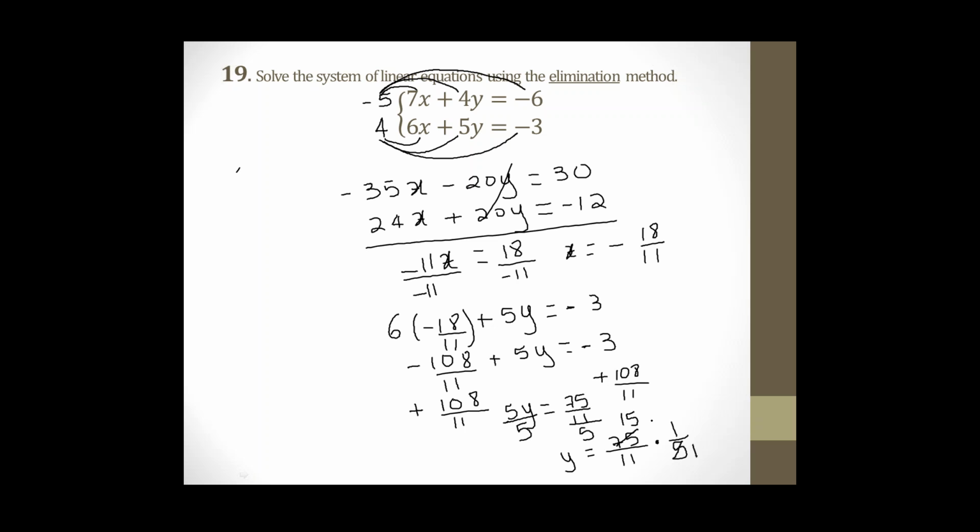So now I have, let me just clean this up, 15 over 11 times 1 over 1, which is a waste, but I'm still going to do it for clarification. So my final answer is 15 over 11. So my ordered pair is negative.